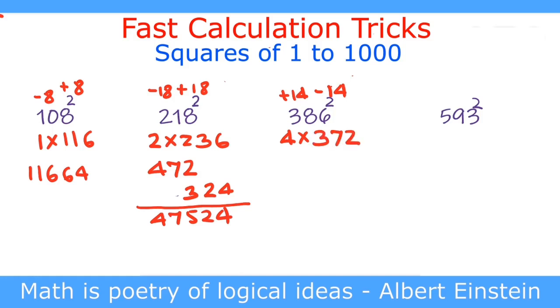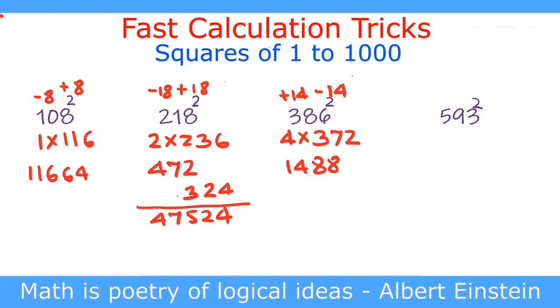4 multiplied by 372 is, we double 372 for 2 times. Double of 372 is 744 and double of 744 is 1488. So we write 1488, and square of plus 14 or minus 14 is 196.